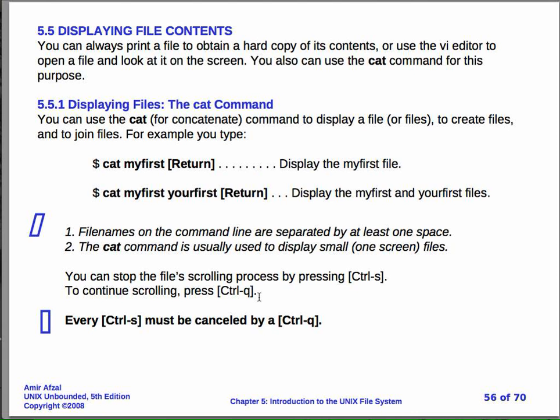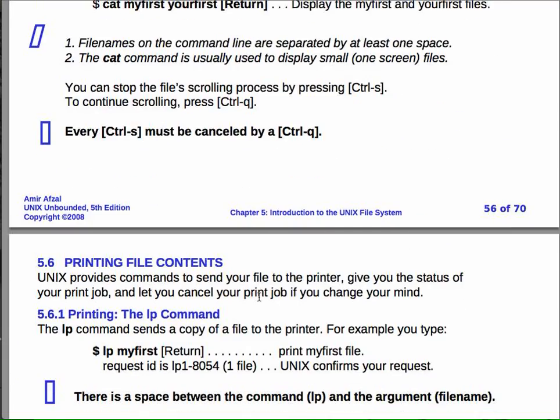It just so turns out computers these days are so much faster than when these instructions were printed that no matter how big a file is, it scrolls by so fast you cannot even stop the scrolling process, because computers are just so fast compared to 10, 15 years ago.